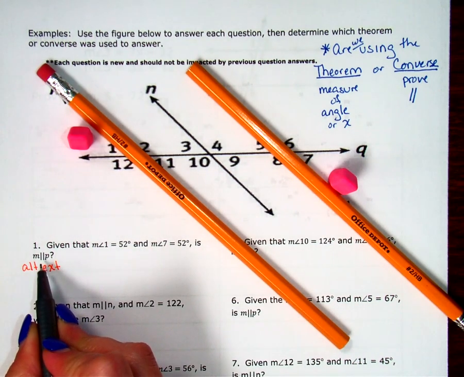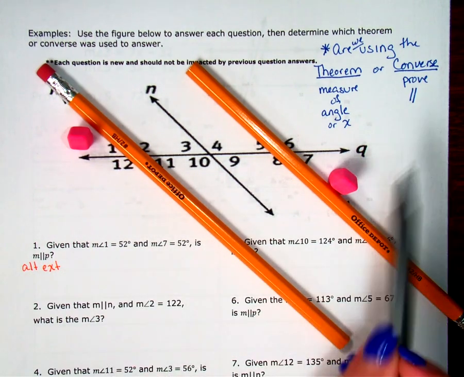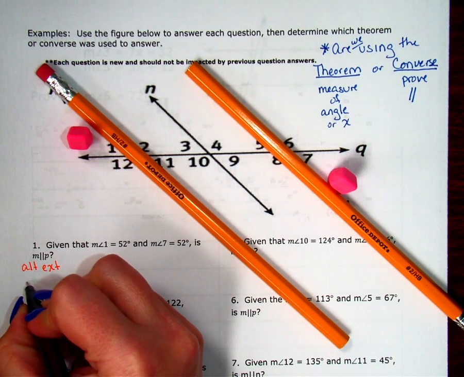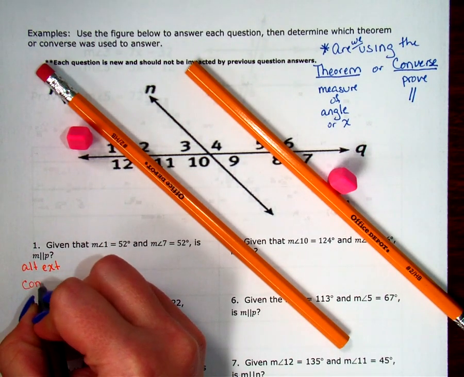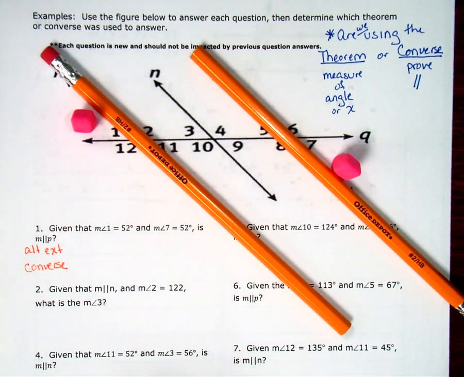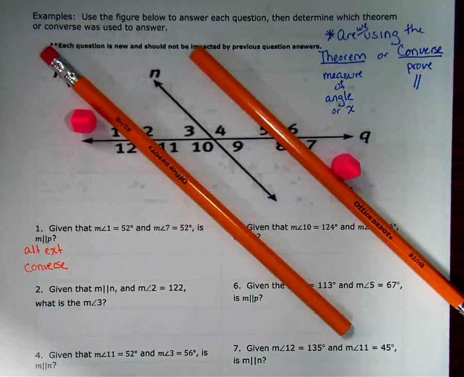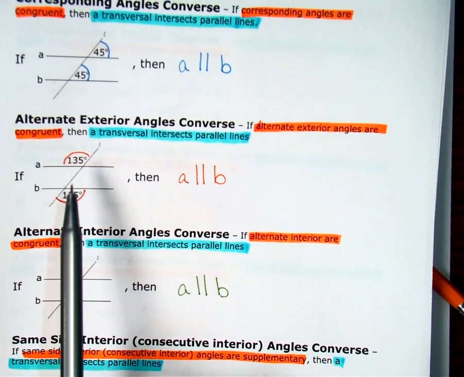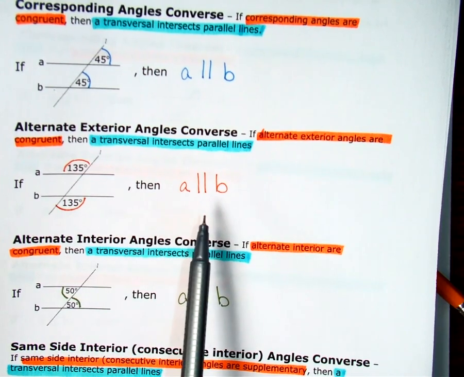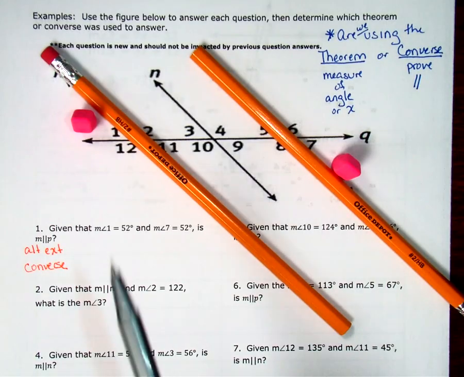And since I'm trying to prove that M is parallel to P, I'm trying to prove that I have parallel lines. It's the alternate exterior converse that I'm going to be using. The alternate exterior converse says if my alternate exterior angles are congruent, then yes, my lines are parallel.